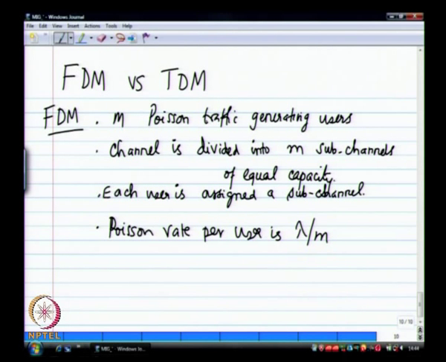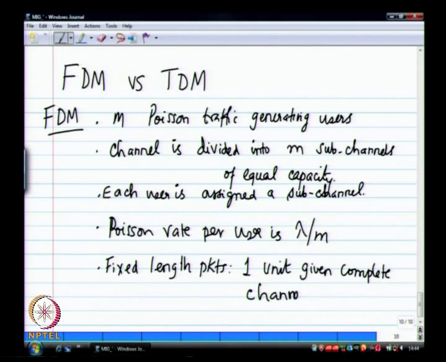Assume that all are fixed length packets, and a fixed length packet takes 1 unit given the complete channel capacity.